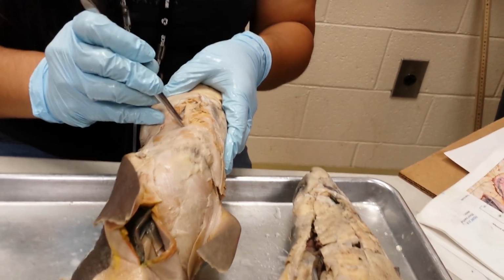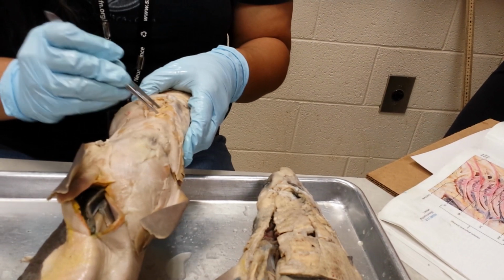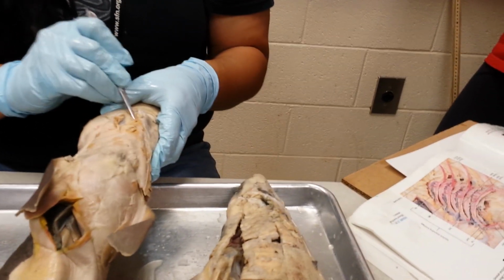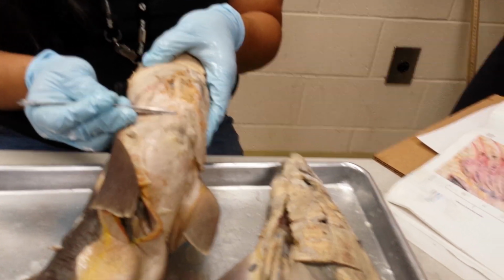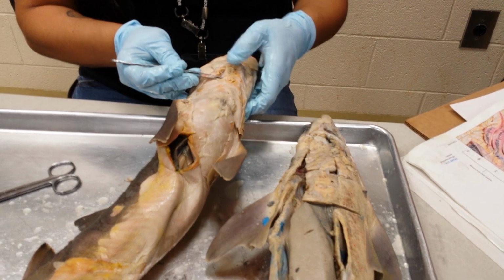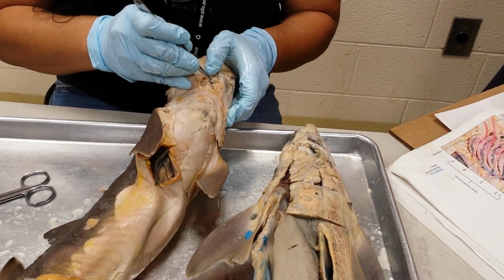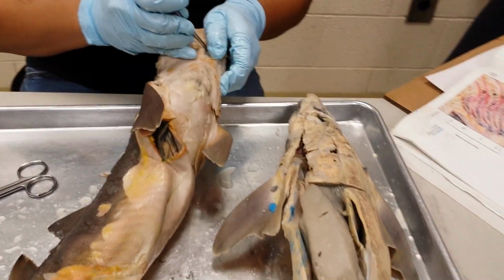That's called the coracomandibularis. It's running from the coracoarcual area to the mandible. If I stick my forceps in here and pick away at the blue stuff, that's just connective tissue.